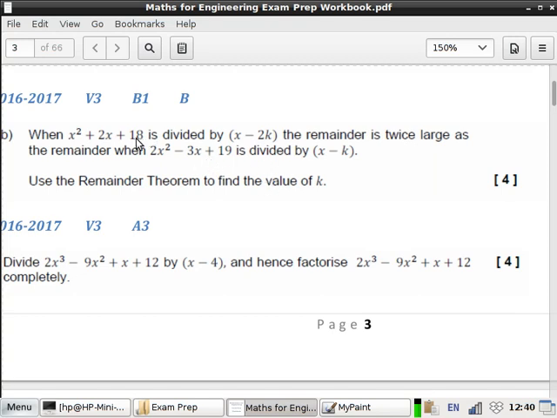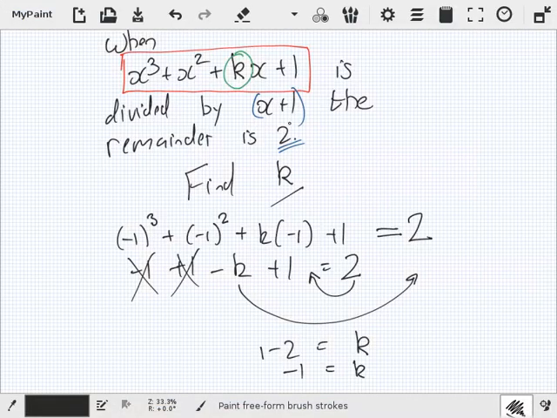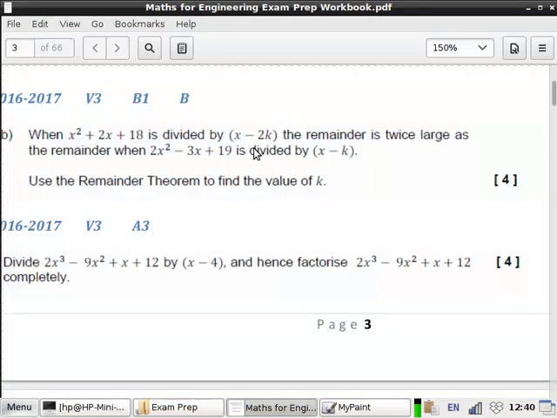How do you get the remainder here, Anthony? What do you make x equal to? Think about what you did here. What did you say x equals here? You make this equal to 0 and you got x equals -1. Yeah, so what would you get here? You would get plus 2k.